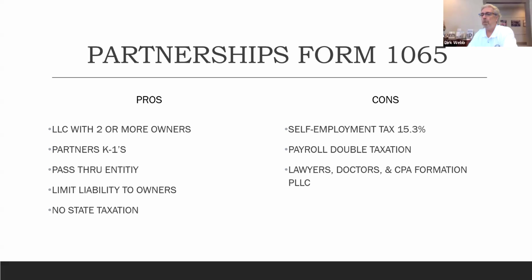So even if you say I'm an LLC, but my husband is a part owner and I'm an owner, they're gonna automatically make you a partnership and tell you you have to put your income and expenses on a partnership tax return.